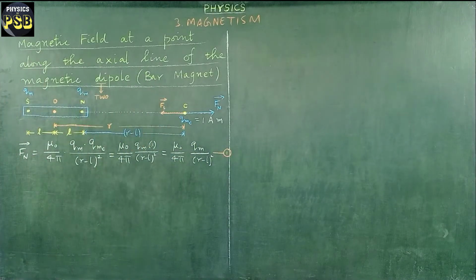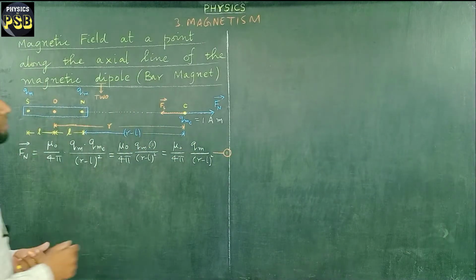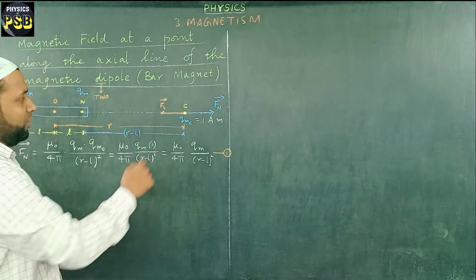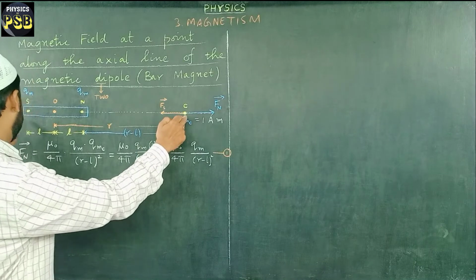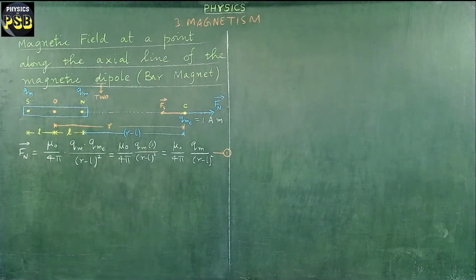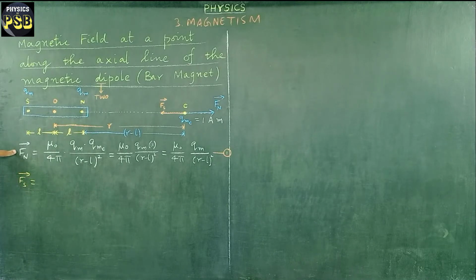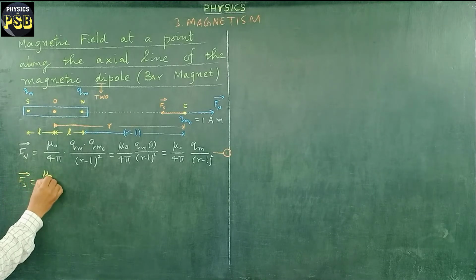Okay, for my convenience. Then I am going to find out the force Fs vector that acts between point C and S. For that also I am going to use Coulomb's law. Fs vector. This is attractive force and this one is repulsive force. And it is equal to mu naught upon 4 pi.